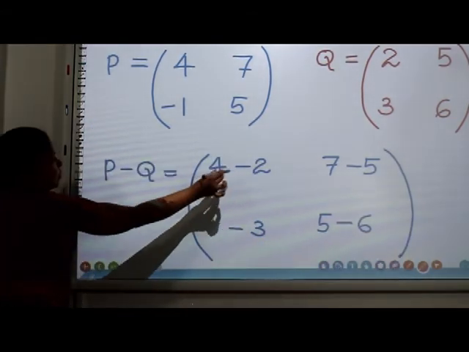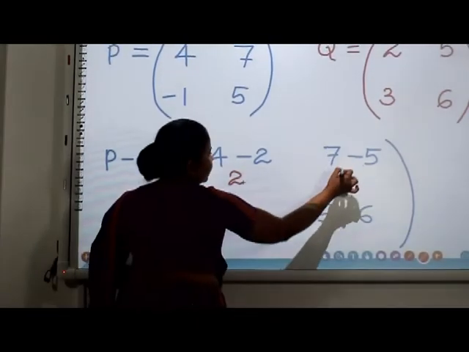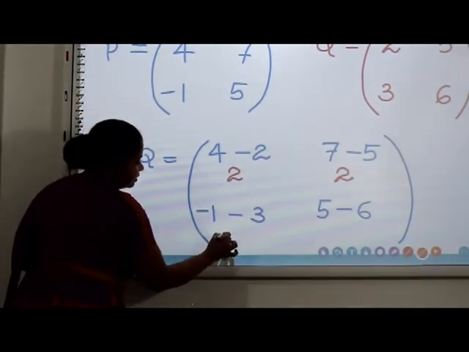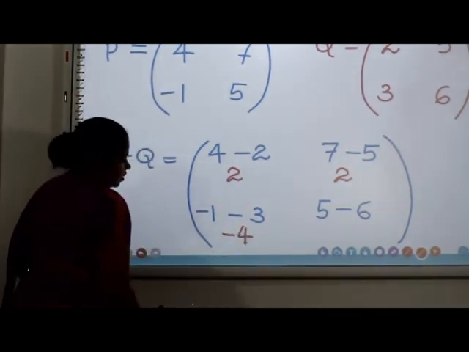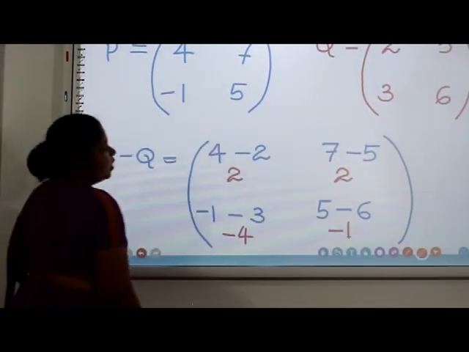Then 4 minus 2 is 2. 7 minus 5, it is 2. Minus 1 minus 3, minus 4. 5 minus 6, minus 1.